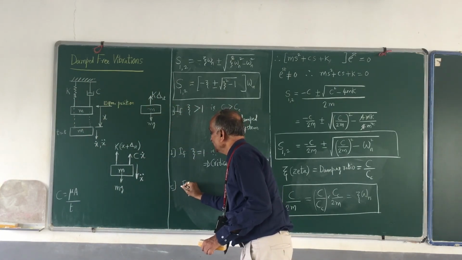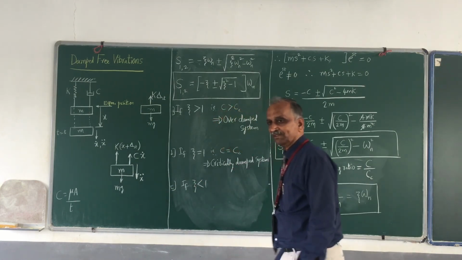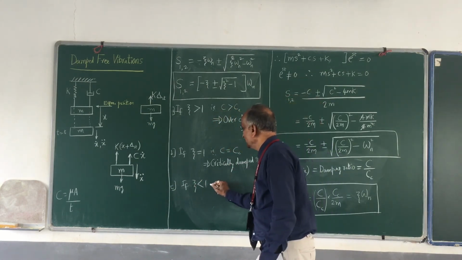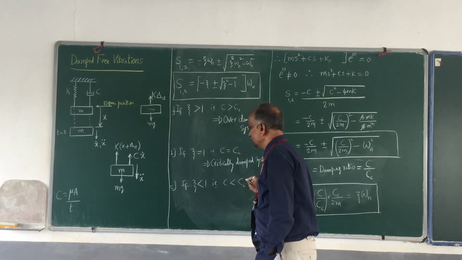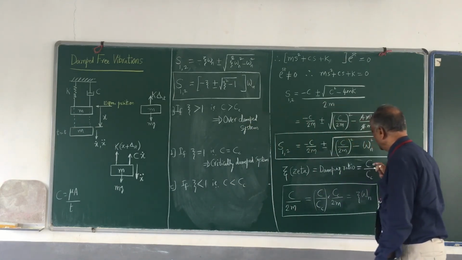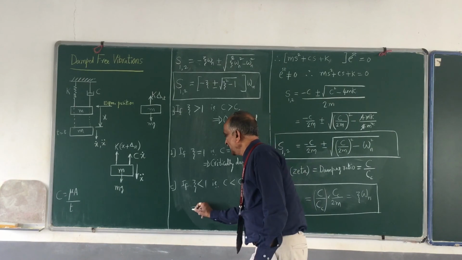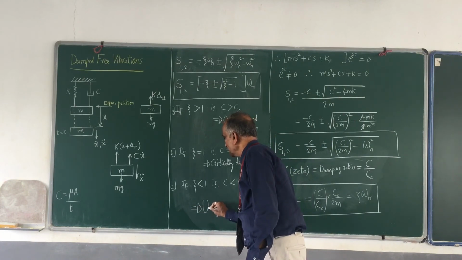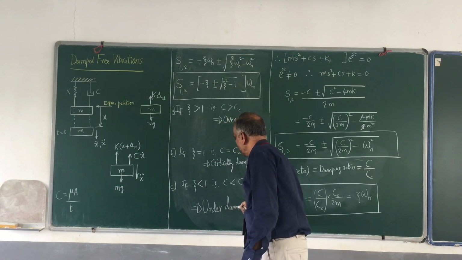What is that? If zeta is less than 1, what is the meaning of that? C value is smaller than Cc. So this system is called an under damped system.